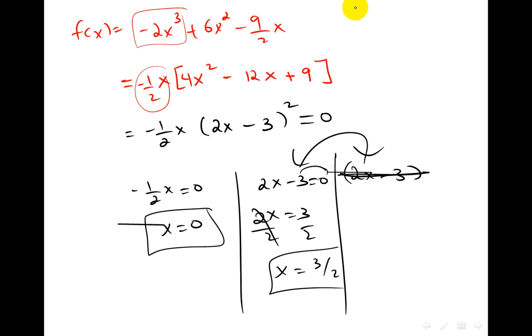So now we didn't decide what type of graph it is. This is odd, because the biggest degree here is 3, so it is odd, and of course it's negative. I don't have a y-intercept here, it will be 0. I have these two x-intercepts, so let's try to sketch it here.